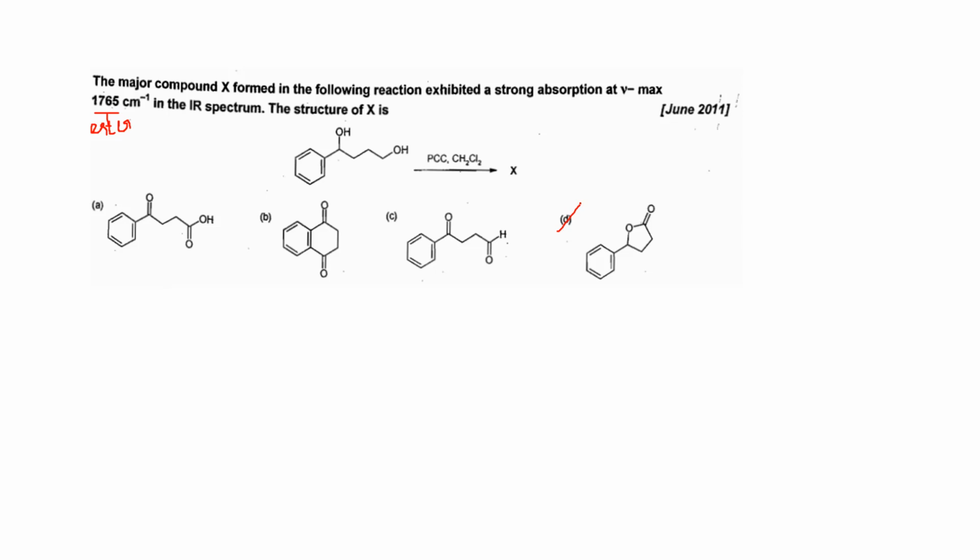Now if you want to know what the mechanism is, let's go to the mechanism. From this IR value you can get that this compound contains an ester, and so this will be our product.